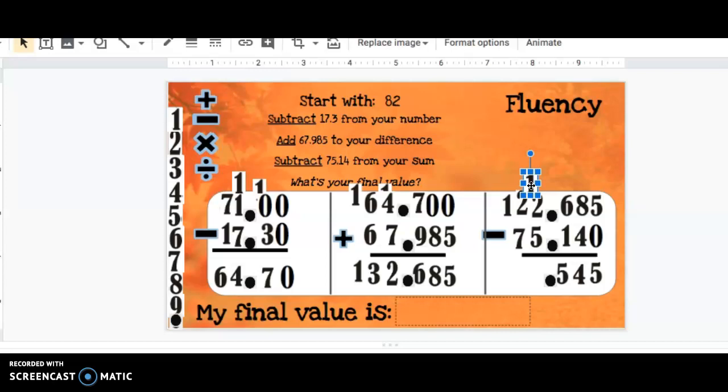So now we have 12 minus 5, which is 7. 2 minus 7 we cannot do, so that 1 becomes a 0. And that 2 becomes a 12. So now we have 12 minus 7, which is 5.